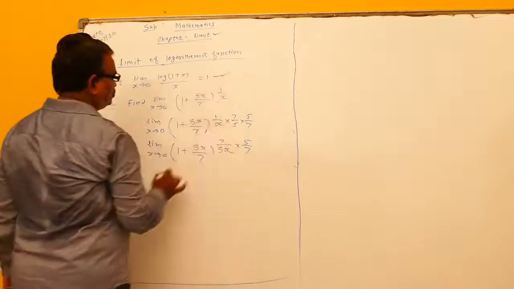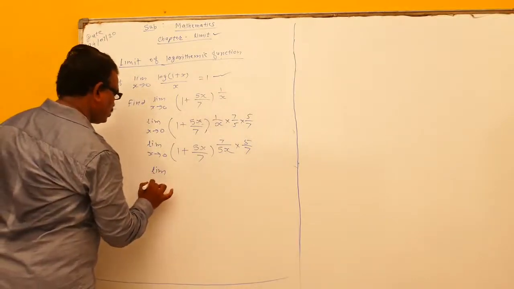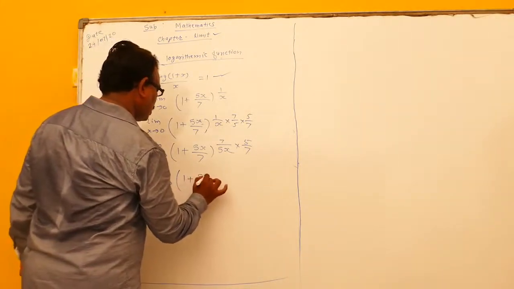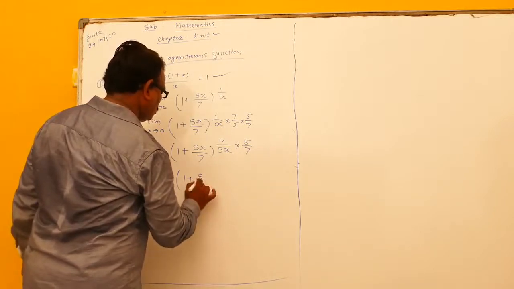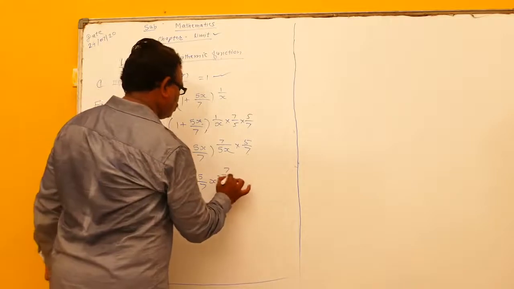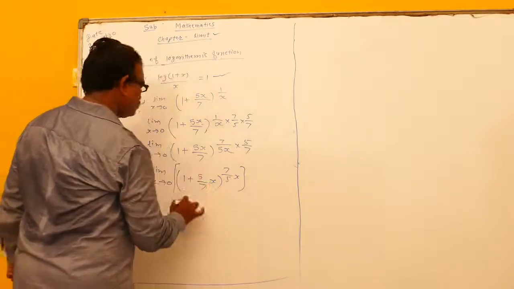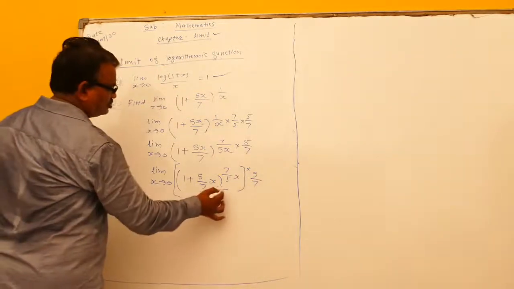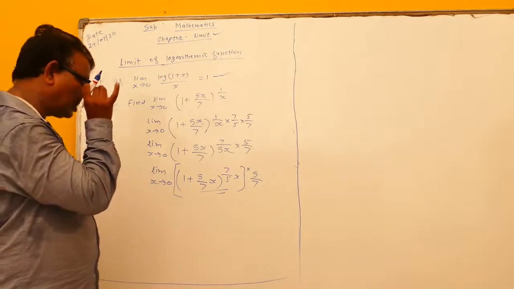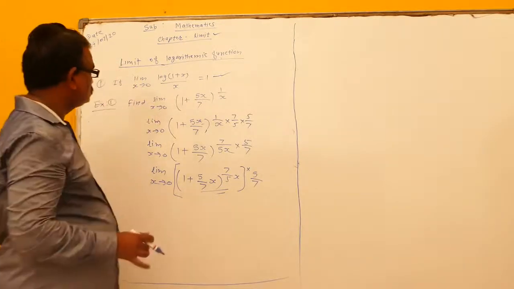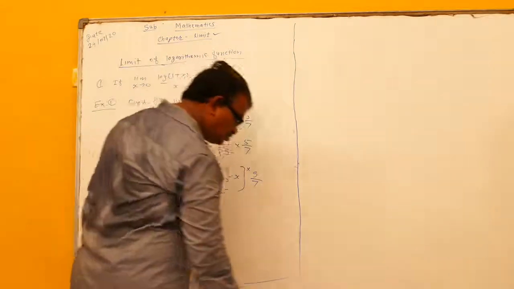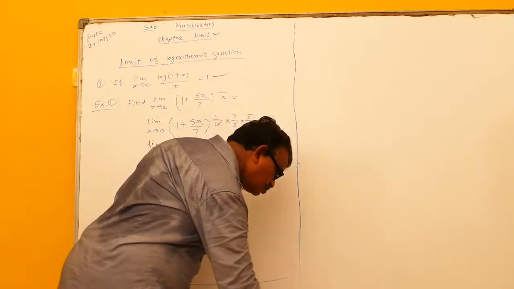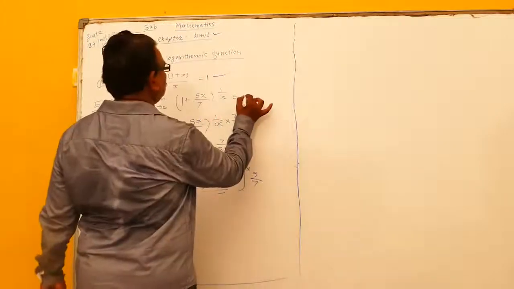As a result, limit of x tends to 0, 1 plus 5x by 7, to the power 7 by 5x, multiplied by 5 by 7. This result is e.